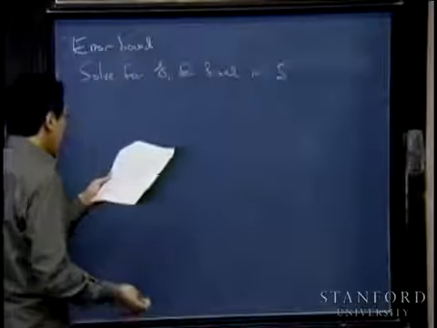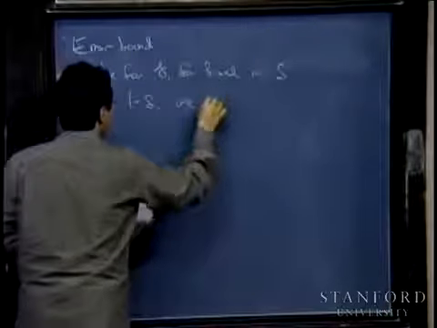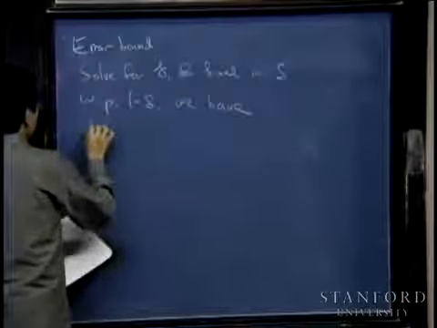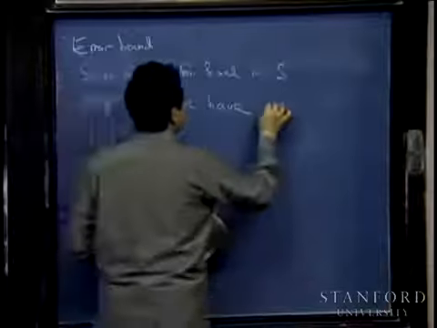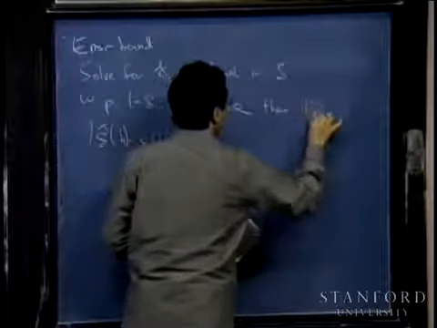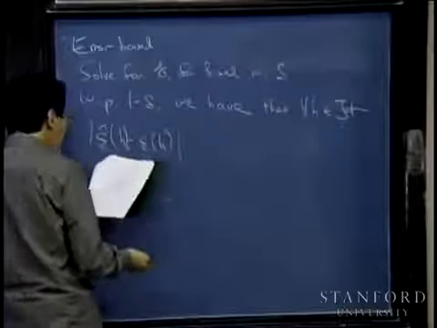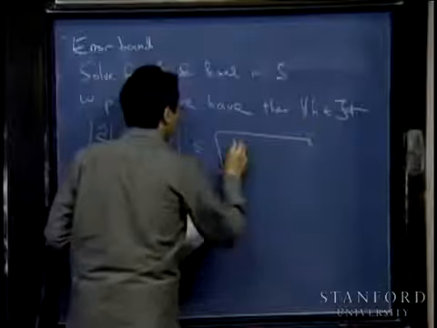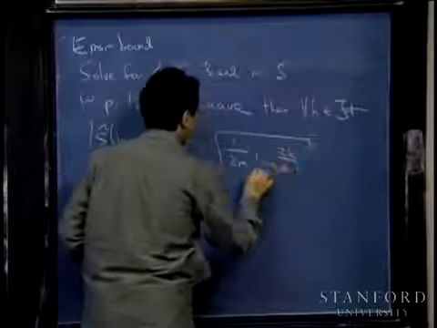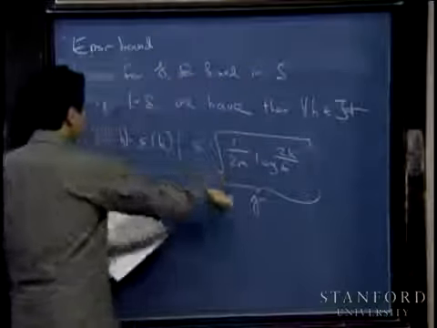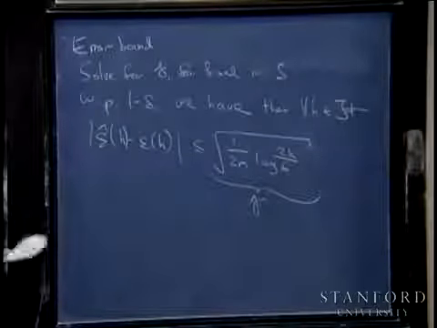What you get then is that with probability at least 1 minus delta, for all hypotheses in my hypothesis class, the difference in training and generalization error will be less than or equal to that. That's just solving for gamma and plugging the value I get in there.